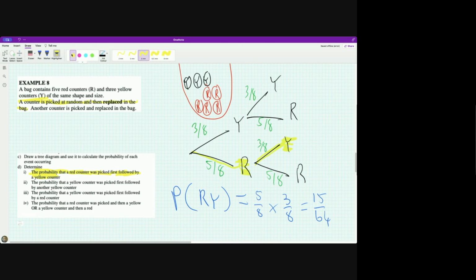Can you please do for me now, what is the probability of getting a yellow counter followed by another yellow counter? So you need to get, what's the chance of getting a yellow, putting it back, and then getting another yellow?